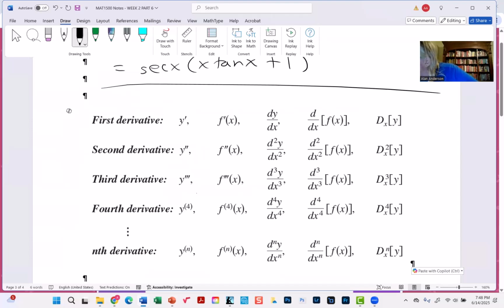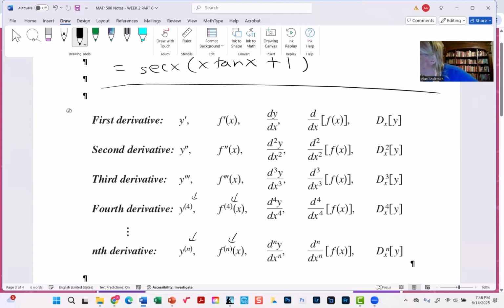Although after you get to 3, to avoid confusion, we don't want to have a bunch of accents there, so we write it like this. And then same thing with f prime. After you get to 3, we usually start writing actual numbers. The derivative dy is different. You can just put the integer there.